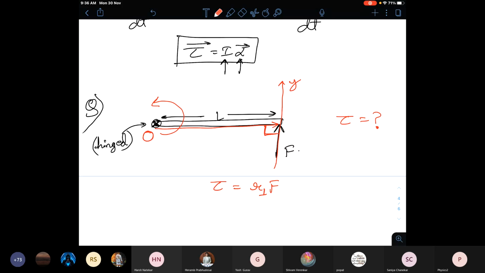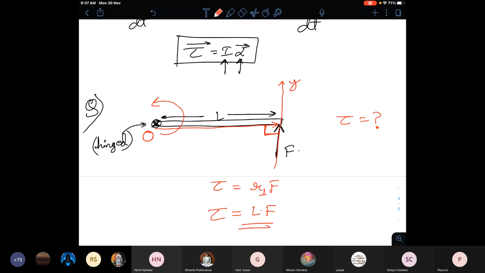This length is perpendicular. What is that length? That length is L. So if it is L, you can safely say that the torque is L into F.